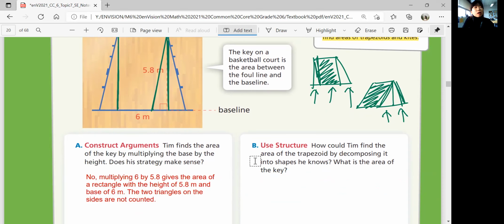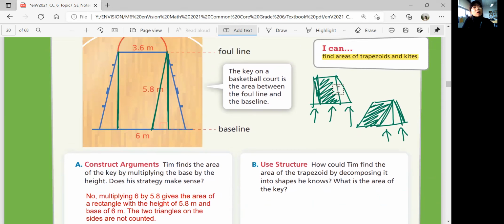Part B, how could Tim find the area of a trapezoid? By decomposing it into shapes he knows. What is the area of the key? So he already got the area of the rectangle. What could be the area of this triangle over here?